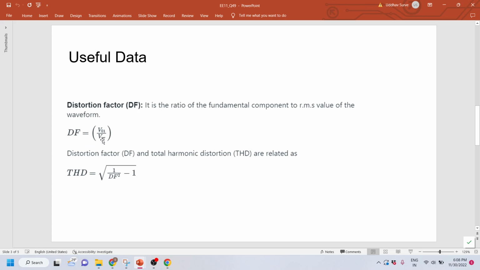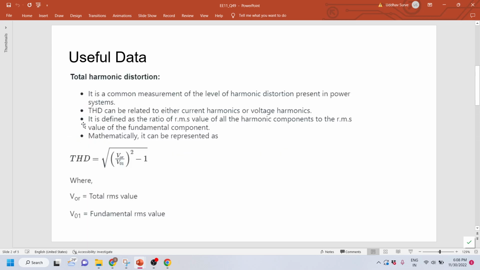Okay, so this total RMS content contains all the harmonics, fundamental, third, fifth, seventh, if they exist, and so on, RMS value of those, and VO1 is only the fundamental amplitude. And the relationship between distortion factor and total harmonic distortion is THD is equal to under root 1 upon DF square minus 1.